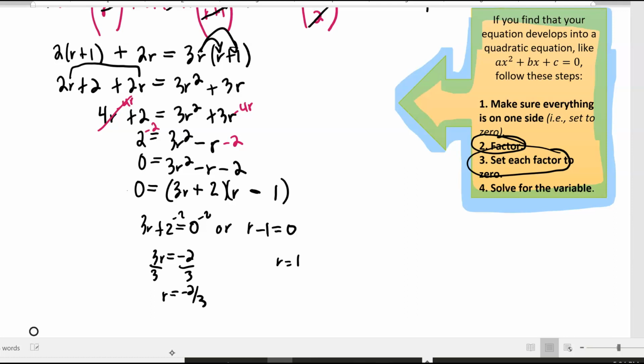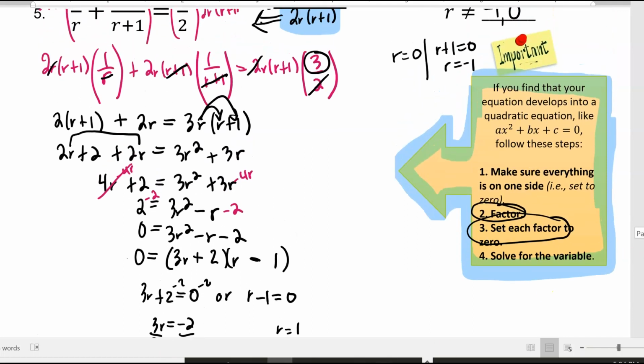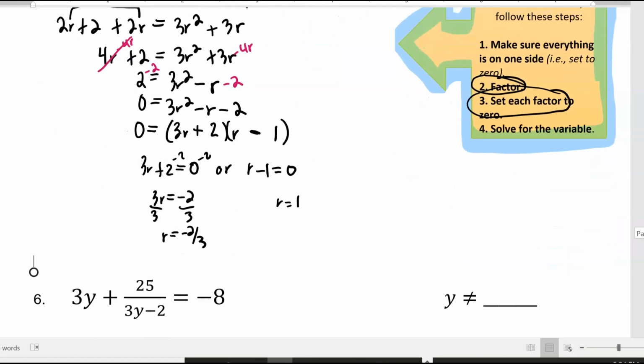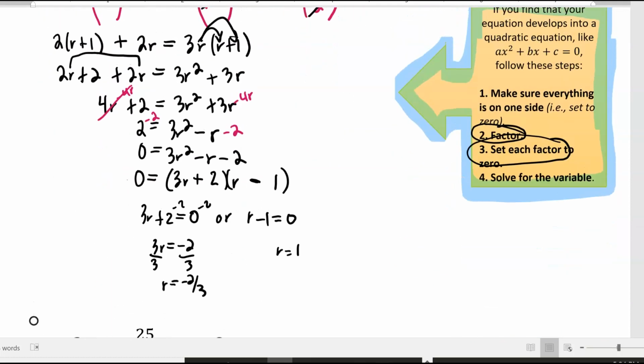And r equals 1. So were those restrictions? No, our restrictions were -1 and 0. So actually, these are both of our solutions. Alright, this concludes the video on how to solve equations that contain rational expressions.